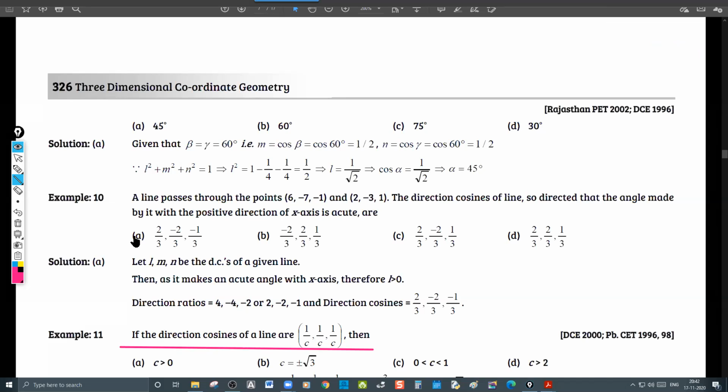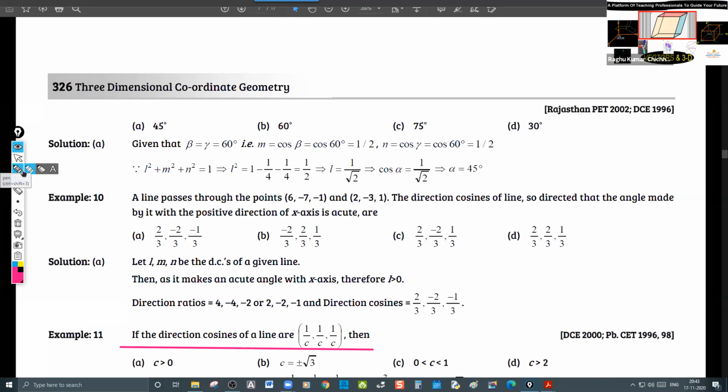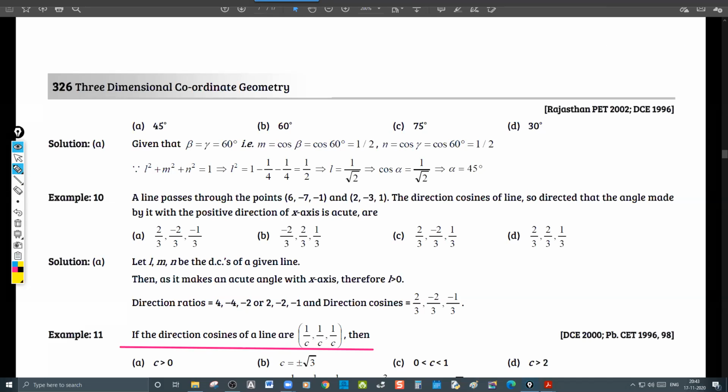Sir, plus or minus root 3? But you tell me, how do you proceed first? If you substitute in the DCs or DR form, which formula? 1 by under root DC.